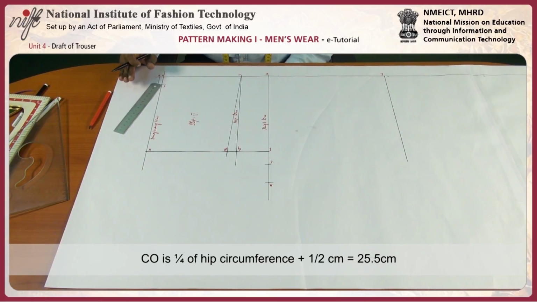C to O 1/4 of hip circumference plus half centimeter, which is equal to 25.5 centimeter.